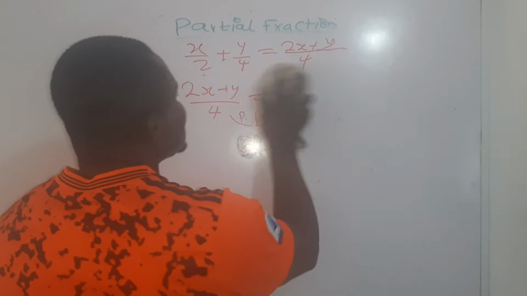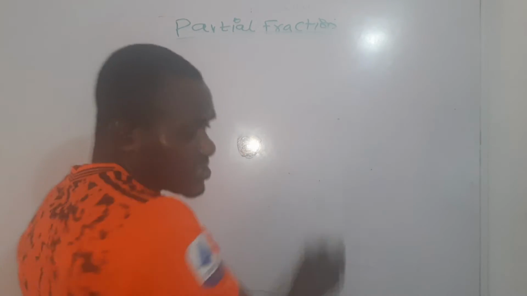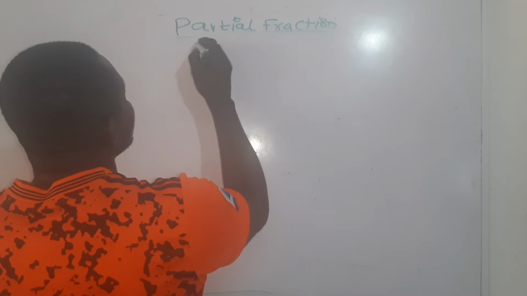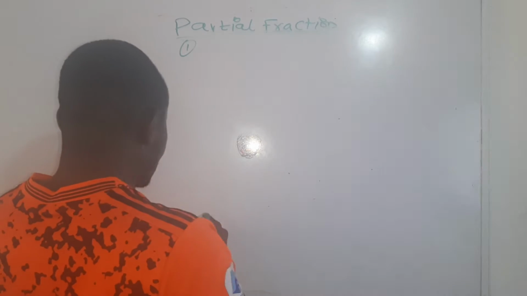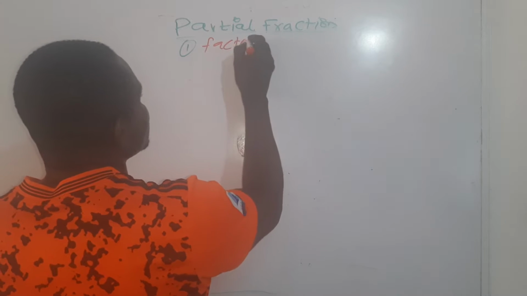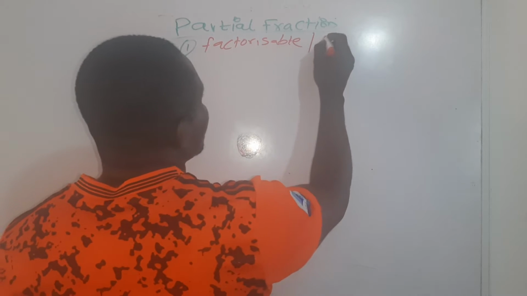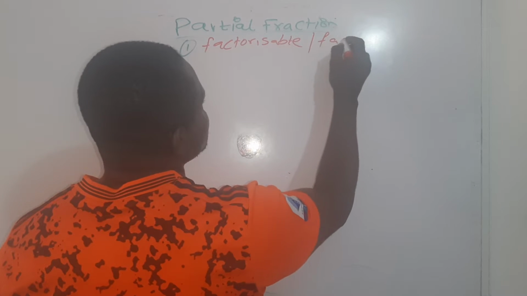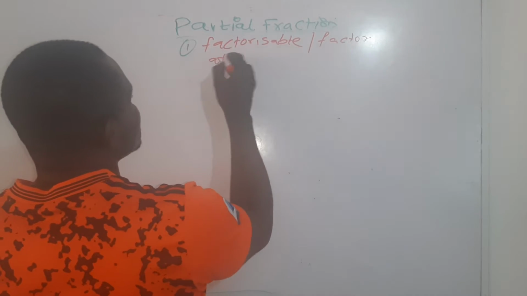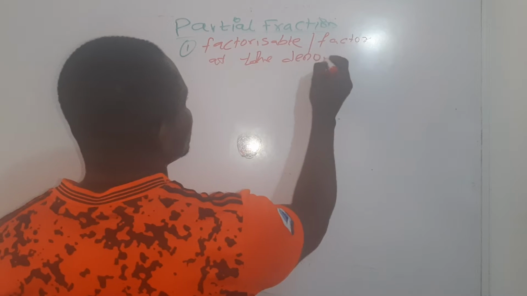So now let's see the first method, or the first approach. We have about 4. The first one I'm going to talk about is when you have a factorizable or just a single factor at the denominator.